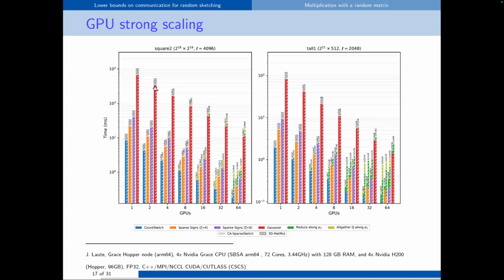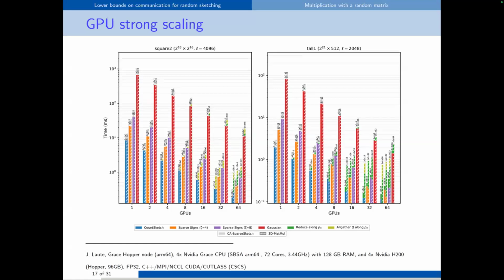And what you can see is that the algorithm scales well, and we obtain improvements with the version which avoids the communication of omega, particularly when the number of GPUs is larger and the communication is more important. In particular, for count sketch, there is a large improvement factor of 5, while for dense matrices, the factor of improvement is 1.7. And factors around 2 are obtained for the other random sparse matrices here.